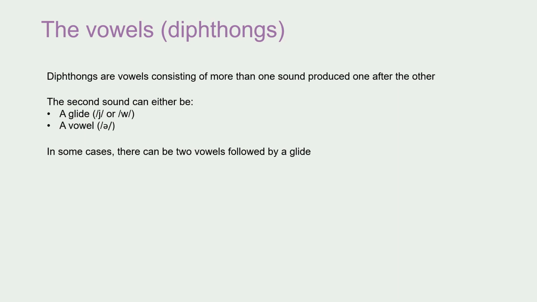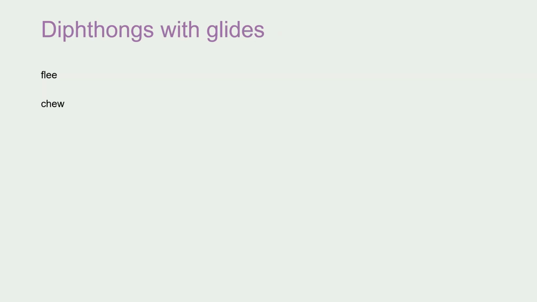Okay, let's look at the diphthongs with a y and a w. Consider these words, "flee" and "chew". Now, often you will see these represented with a long monophthong symbol, meant to represent an "ee" sound and an "oo" sound. That represents an older pronunciation that is referred to as received pronunciation.